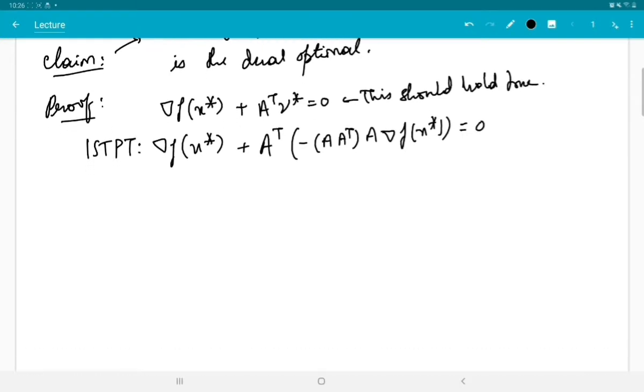To see that this actually holds true, we'll use the fact that we have F. We use the matrix [F transpose; A], and since the null space of A is equal to the range of F, this matrix has to be full rank.